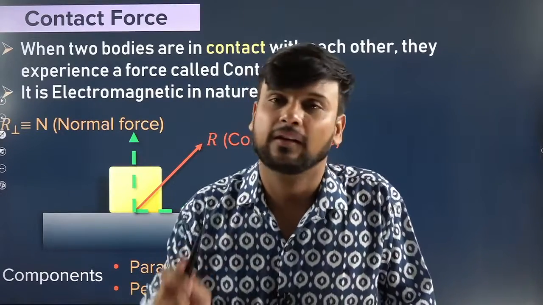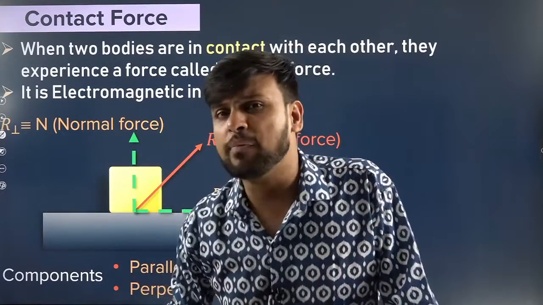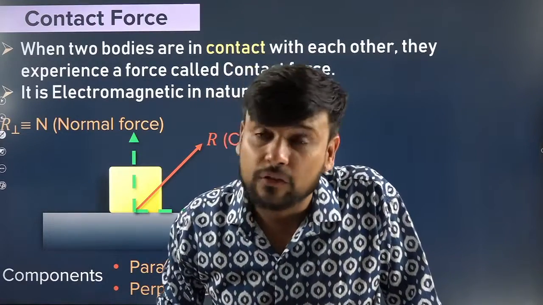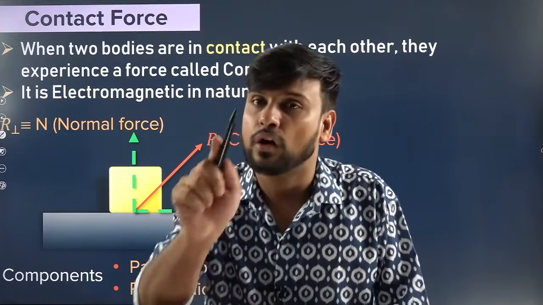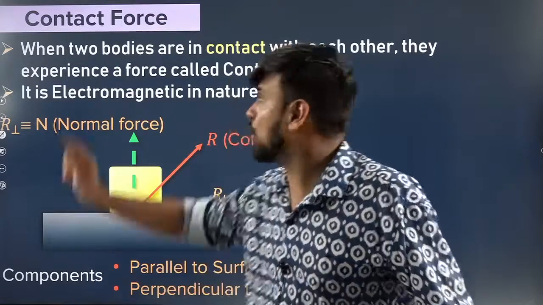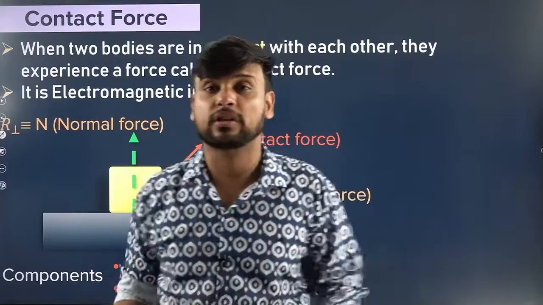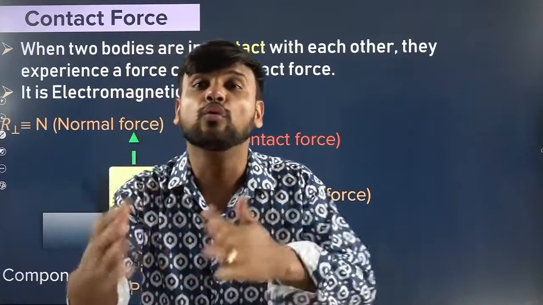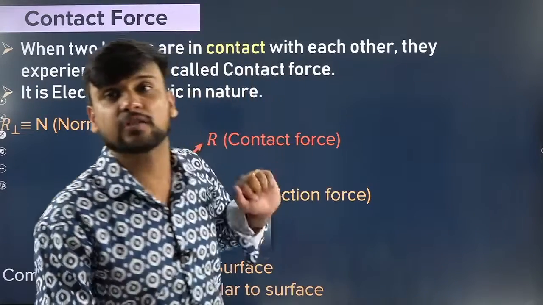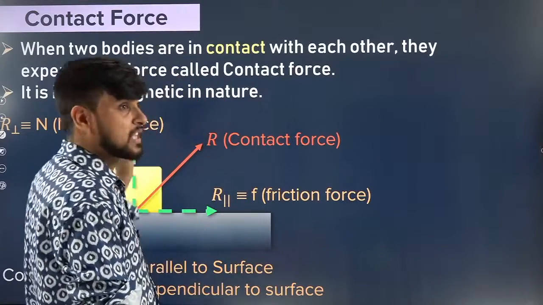Contact or non-contact? Contact force. Frictional force is a contact force. Gravitational force, non-contact force. Magnetic force, non-contact force. So contact force: when two bodies come in contact, they are very close to each other, and because of this closeness you feel some type of force, it is termed as contact force.